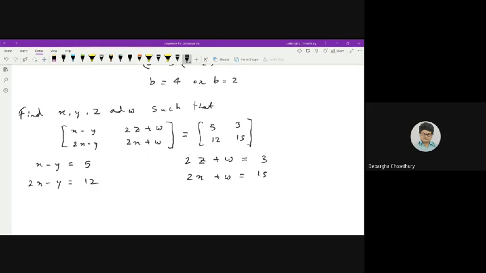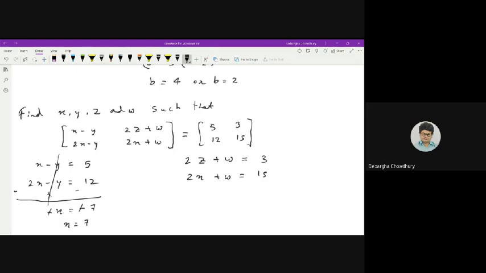Now if we solve simultaneously, if I subtract these two equations, the y would be cancelled out, and it is minus x equals minus 7. So we have x equals 7.